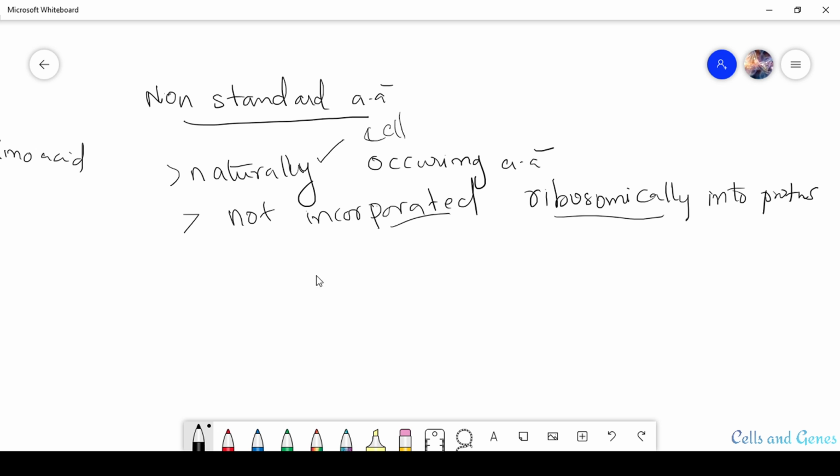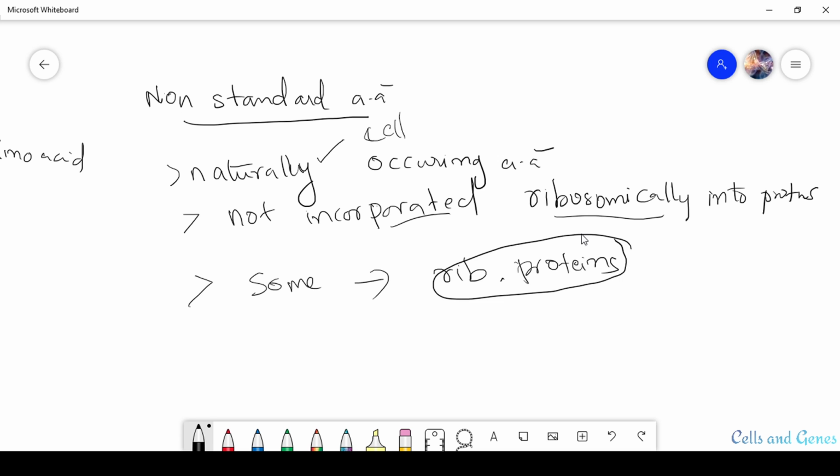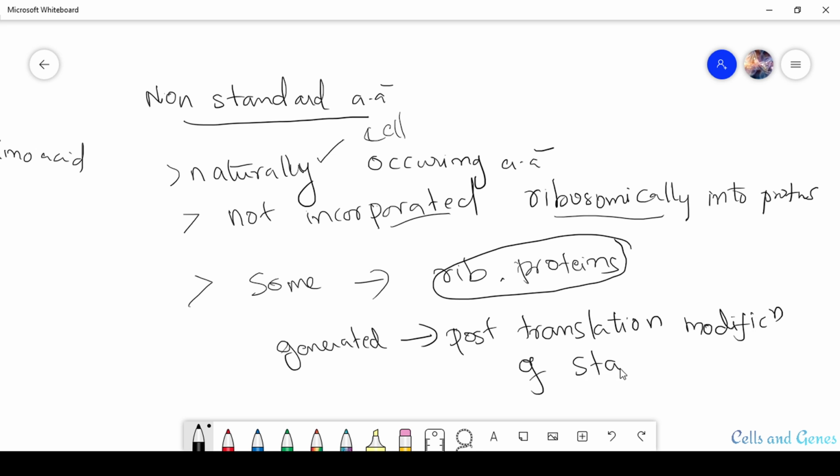But some are constituents of ribosomically synthesized proteins.